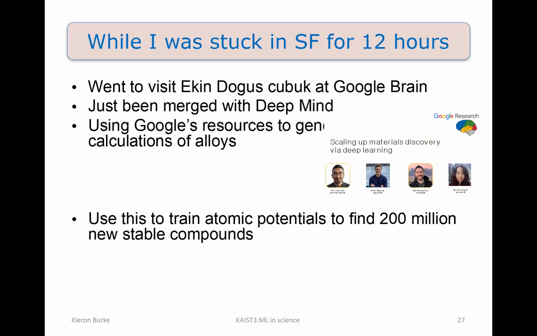The funny thing is, the people in the materials genome project run all these DFT calculations, and then you analyze them with machine learning to try to predict new stable materials.